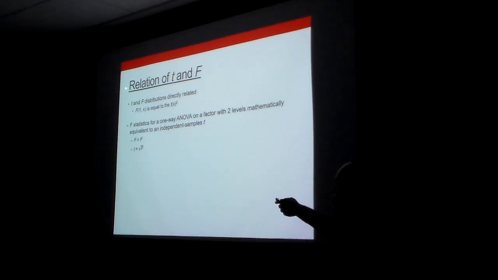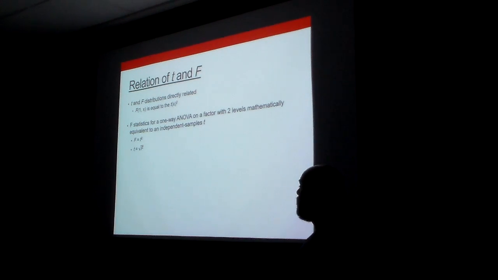2, right? And so our F, with 1 degree of freedom in the numerator, with however many degrees of freedom in the denominator, is going to be equal to the square of my T value for the same denominator degrees of freedom. These two are identical, okay? So an F statistic from a one-way ANOVA with two levels is mathematically equivalent to an independent sample T. Anything that I could run in an independent sample t-test, I could run as an ANOVA as well and get an F instead of a T, right?